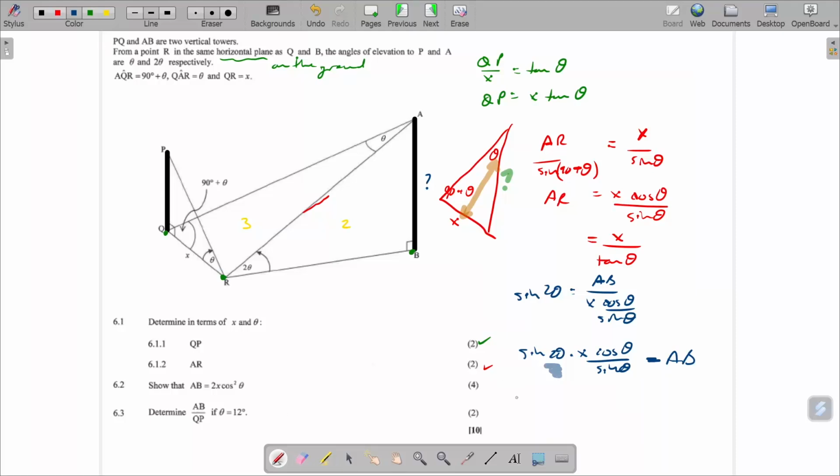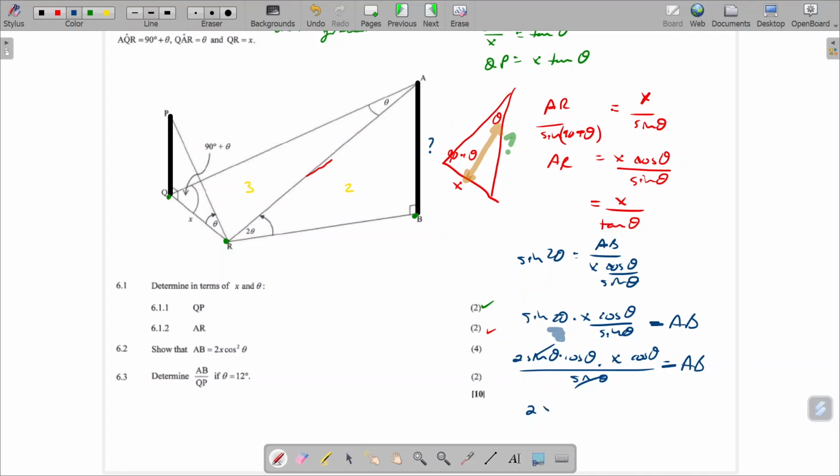We're going to get 2 sine theta cos theta times x cos theta all over sine theta. Those sine thetas cancel, and we've got 2x cos squared theta as required. And we've finished with question 6.2. 2x cos squared theta equals AB.